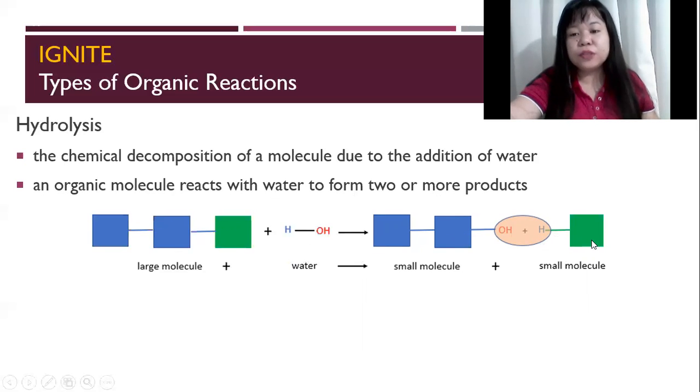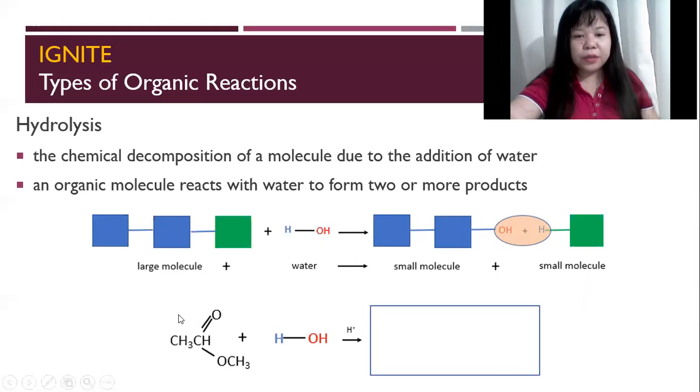Therefore, you have two smaller products. So please do not be confused with this oval over here. So this is just to show that this comes from water, but these are already two different structures. So the OH part belongs to this molecule. The H part already belongs to this molecule. Okay, so they're not together anymore.